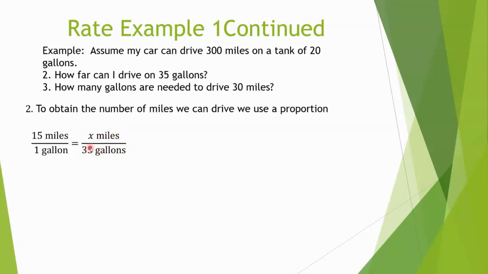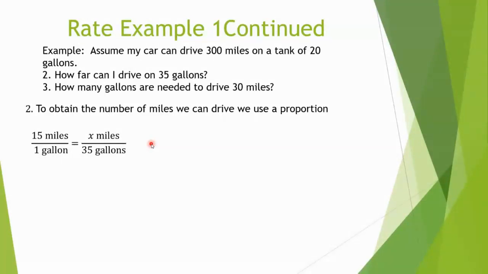Or if you want the miles per gallon, we get 15 miles per 1 gallon. This rate is telling us how many miles we get per 35 gallons. Well, they both deal with the same car, miles per gallon, so they have to equal each other. And because they equal each other, we can figure out what X is.